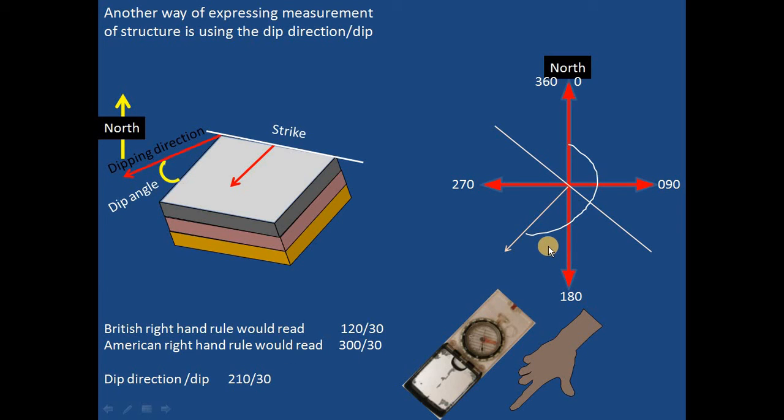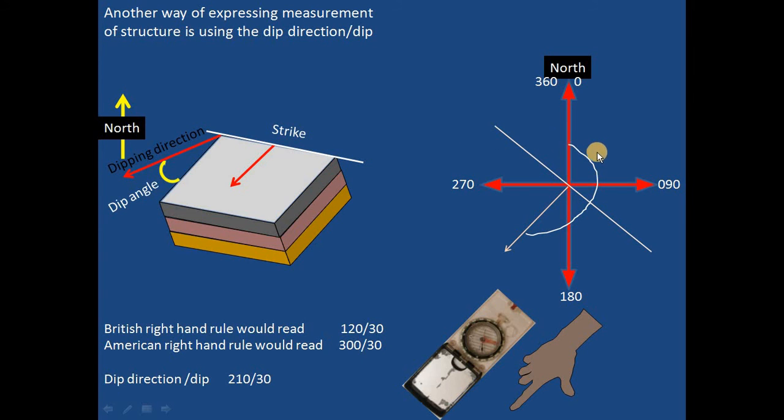So in this case, you see, this will be the dipping direction, and this is the dip, the angle of dip. This would have been the strike, but we are not taking strike measurements. We are taking dip direction measurements.